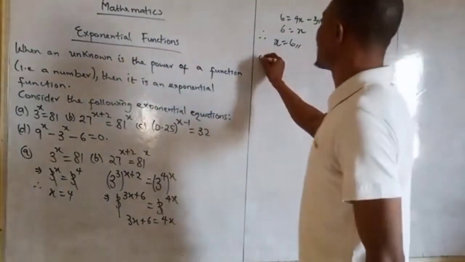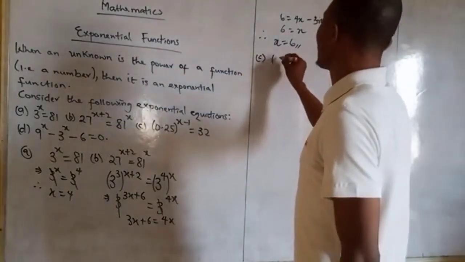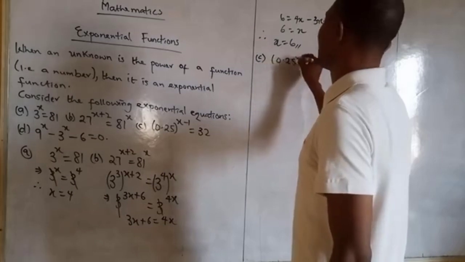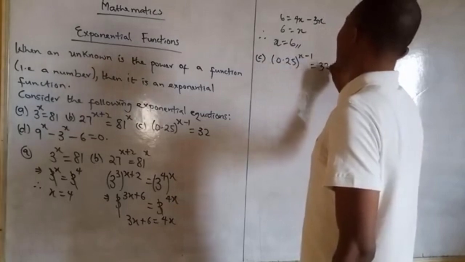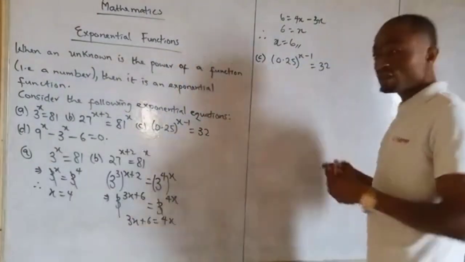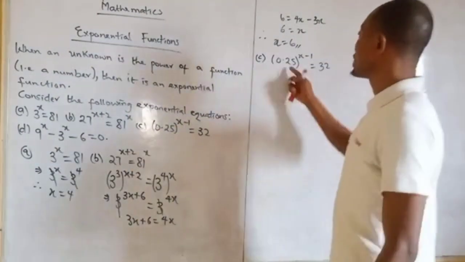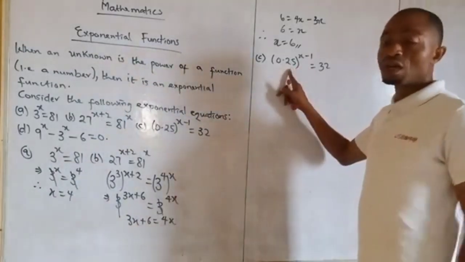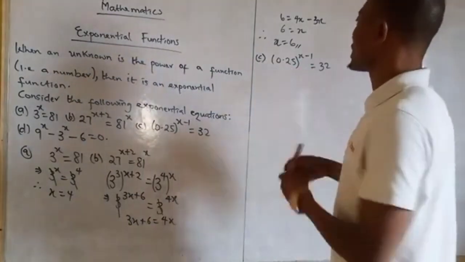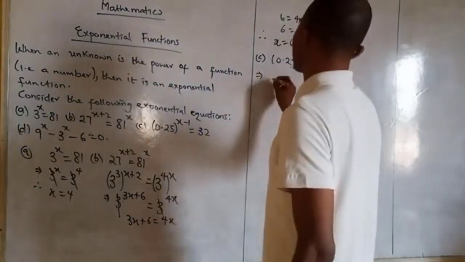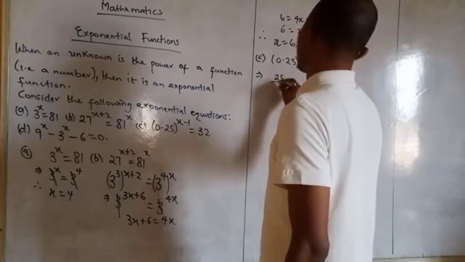Then for C, we have open bracket 0.25 to the power of x minus 1 equals 32. So 0.25, we can change to a fraction. This is a decimal number, so we express it as a fraction. So we can write it as 25 over 100.